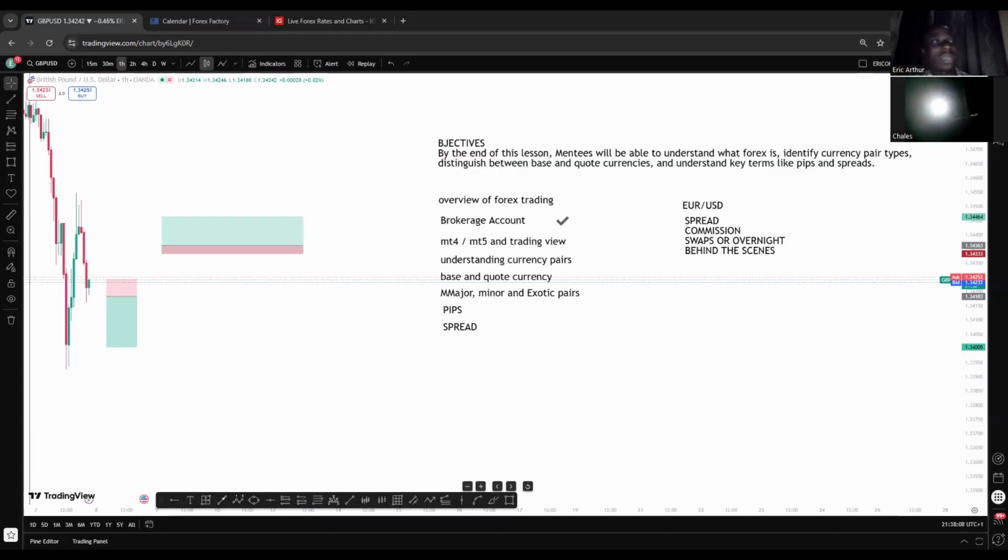So for choosing a broker, this is very important, as the question you asked. The key aspect is whether the broker is regulated. If the broker is regulated, then it's good. You are good to go.